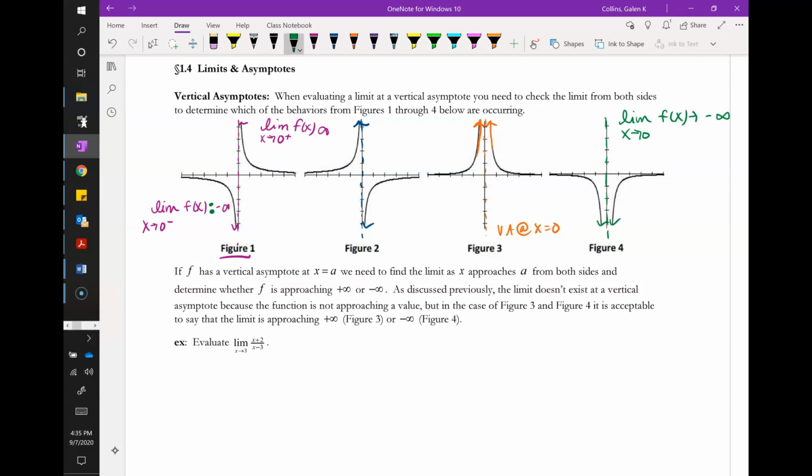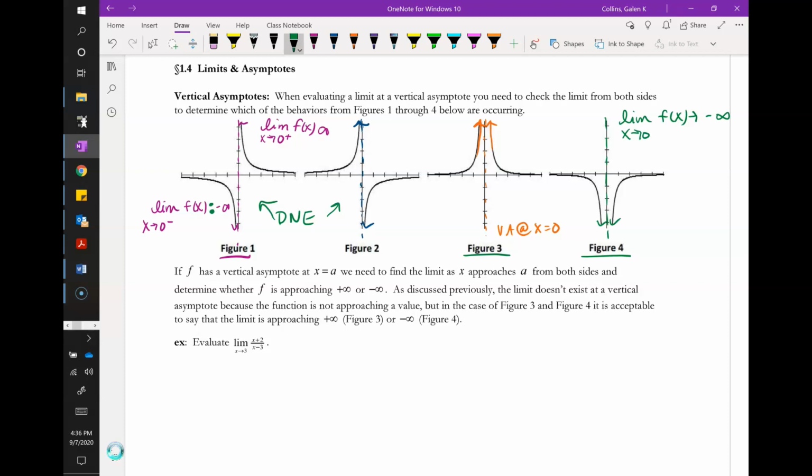We probably won't see an equal sign as negative infinity is not a value. So we could say that about figure 4, and we could say that about figure 3. But for figures 1 and 2, since the left and the right limits don't agree anyways, for both of those, we would just say that they do not exist. So those would both be D and E's.